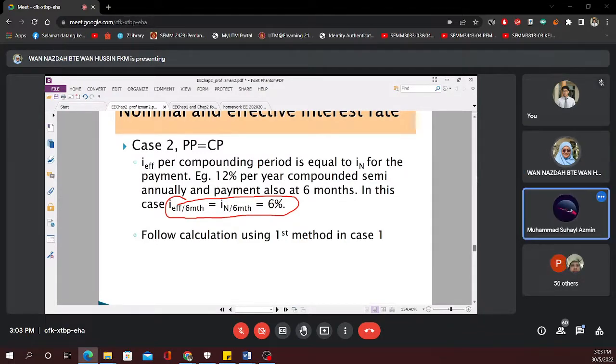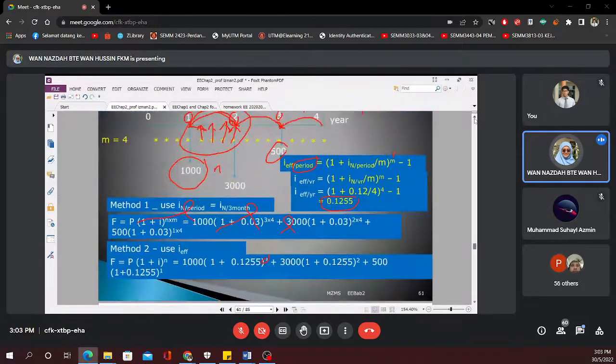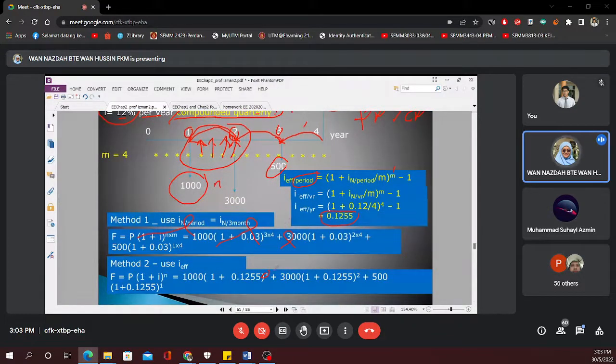Doktor, value N tu macam mana nak tahu? Value N yang mana satu? Untuk N kira I efektif tu? Ada tu. N tu okey. Alright. Maksudnya kita tengok yang ni balik. Yang ni maksud awak ni 3, 2. Ya, okey.